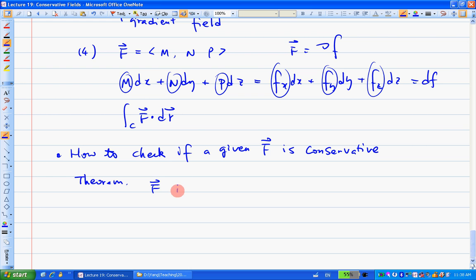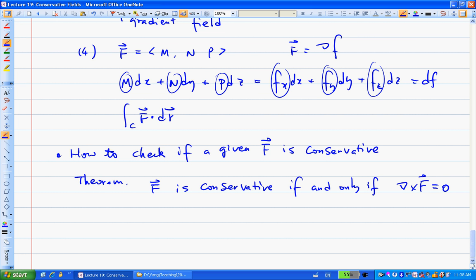F is conservative, very simple, if and only if del cross F equals 0.